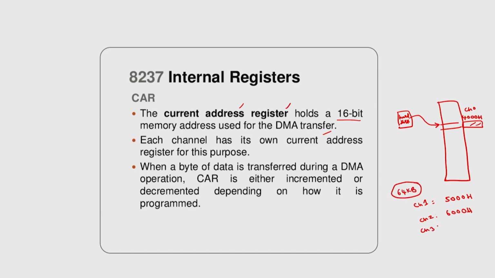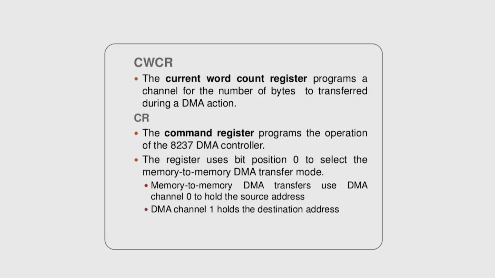Channel 3 will have some other address, say 7000H. This will be decided by the current address register present inside the 8237, and this can be either auto increment or auto decrement, which will be decided by the control word registers that we are going to discuss in the coming slides.